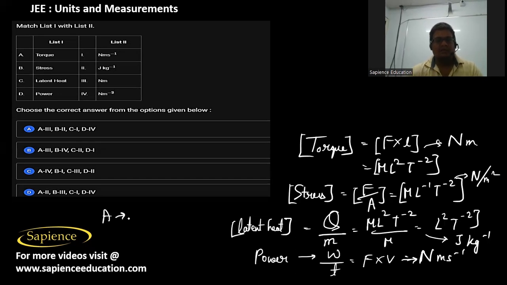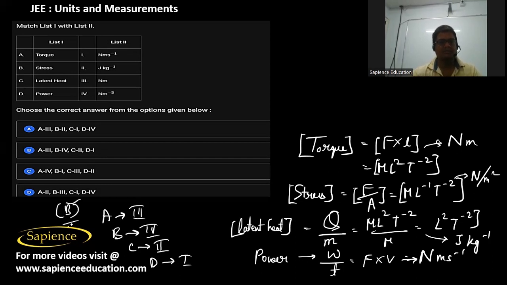So A will match with 3, B will match with 4, C will match with 2, and D will match with 1. So 3, 4, 2, 1. So option B is the correct answer.